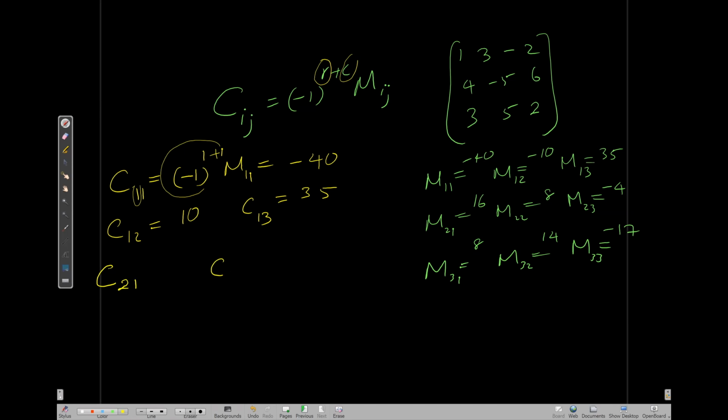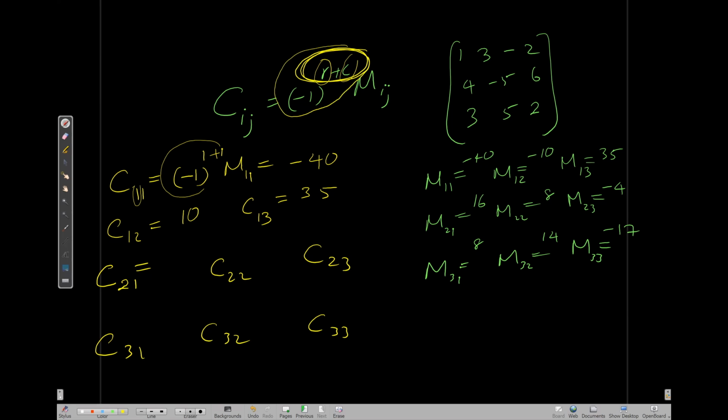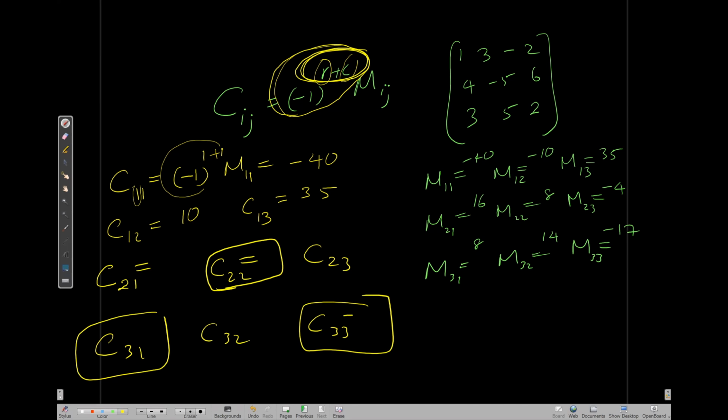C21, you know what, let's write it down like this: C31, C32 and C33. When you add these numbers, if the sum is even, cofactor and minor are the same, because this part will be 1. So let's find this guy and this guy, and 3 plus 3 is 6, this guy, same as minor.